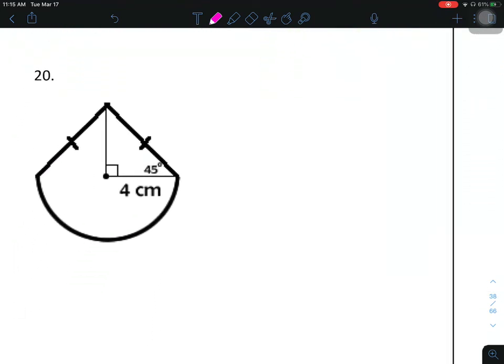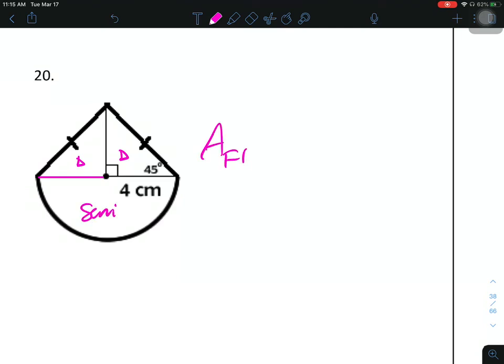20. To find the area of this figure, I'm going to do, see, this triangle and this triangle are the same, and then we have a semicircle.